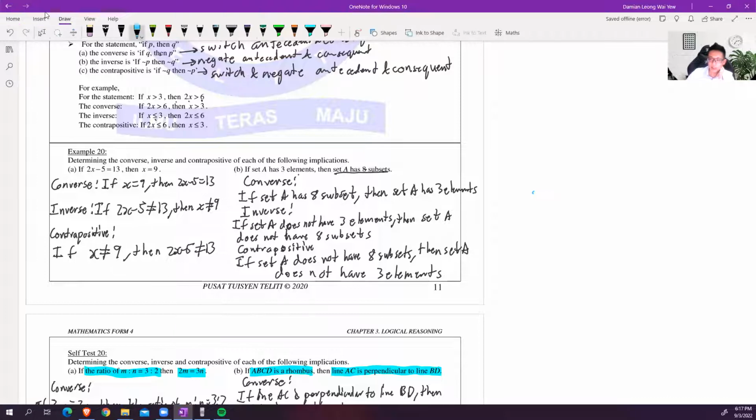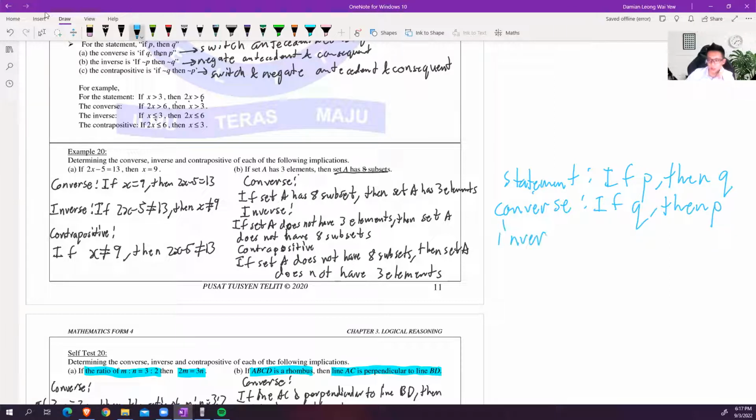So if my statement is if P then Q, converse would be switching the antecedent and consequent, means if Q then P. Inverse would be negating the statement.